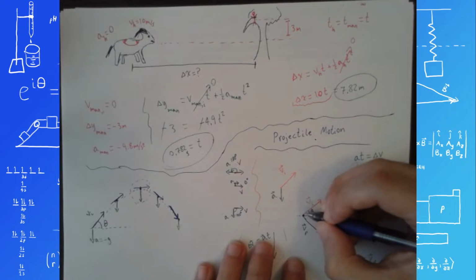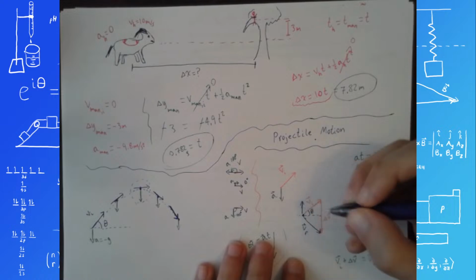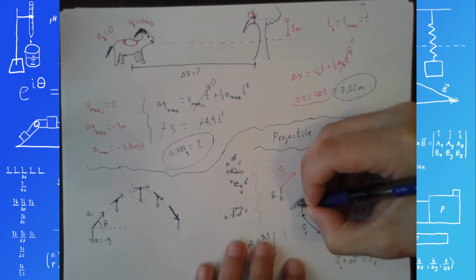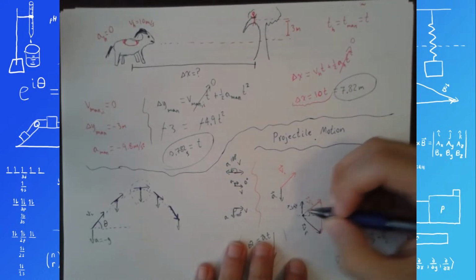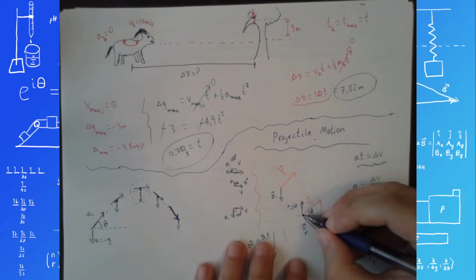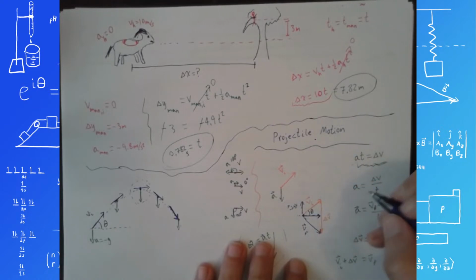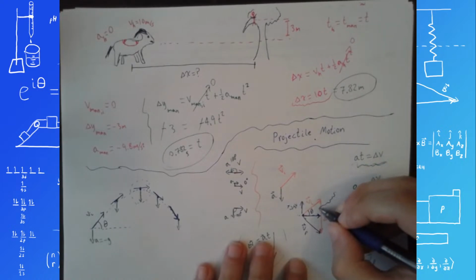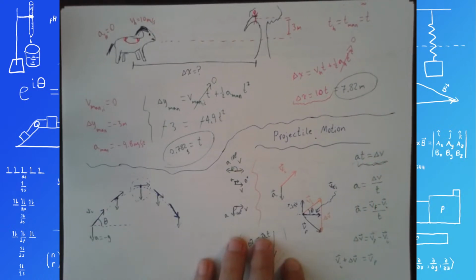So v initial times sine of theta would be this upward part of v initial, which I'll call vy initial. And then I could take the horizontal component and call that vx initial, the x component of the initial velocity.